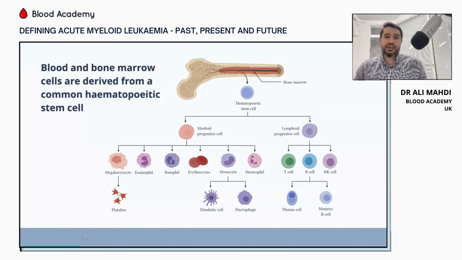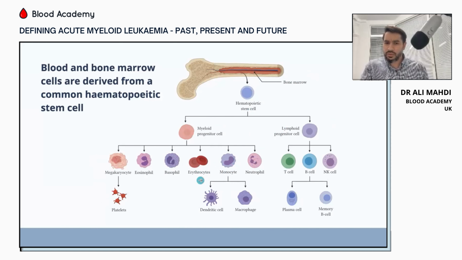So let's go back to basics. We all know that our blood and bone marrow cells are derived from a common hematopoietic stem cell, which resides in the bone marrow. And we've got our two main types of cells, myeloid cells and lymphoid cells, where myeloid cells will eventually differentiate into megakaryocytes and platelets, all the way down to our red cells, monocytes, and our granulocytes, namely eosinophils, basophils, and neutrophils.